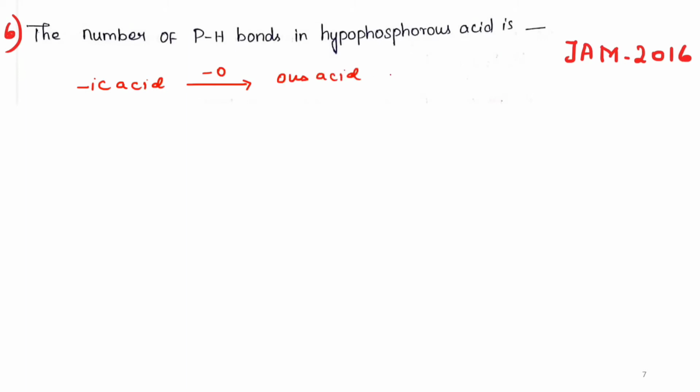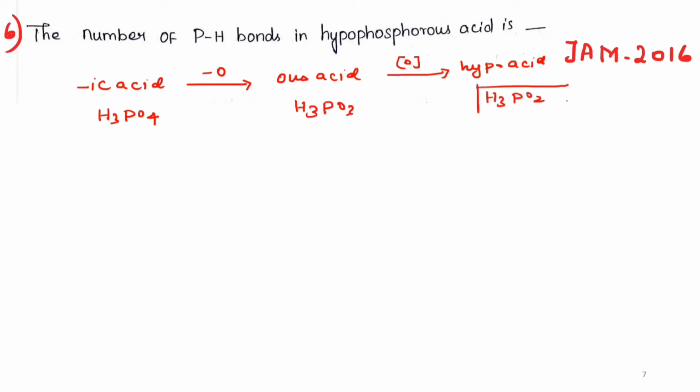Then again remove an oxygen from the ous acid, I get the hypo acid. What is the ic acid for phosphorus? H3PO4, orthophosphoric acid. Remove an oxygen, what will happen? H3PO3. And remove an oxygen, I get H3PO2.